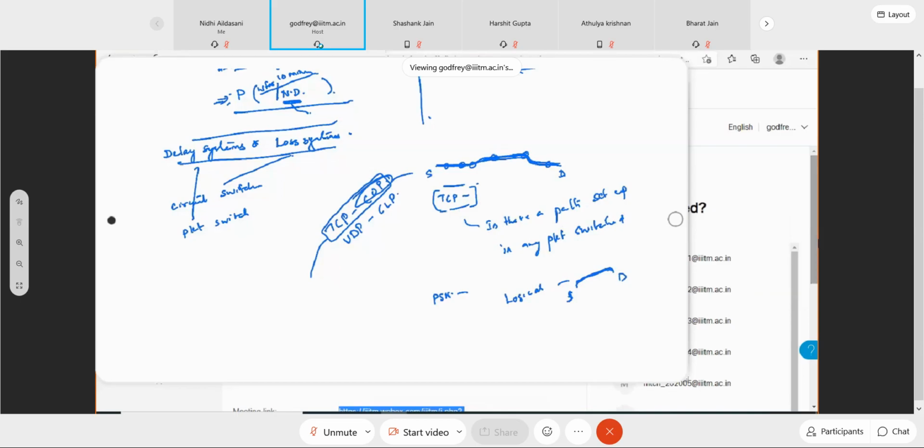And there is a way in which, if packets are dropped, you get to know. You can ensure that the packets arrive in order. They are put together, sequenced at the destination, and so on. So you call this a connection-oriented protocol.